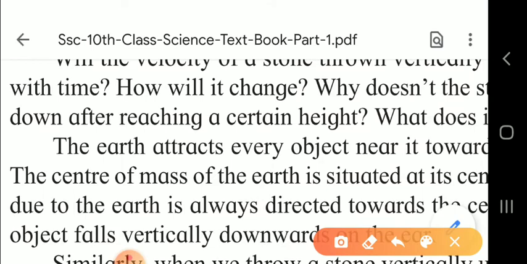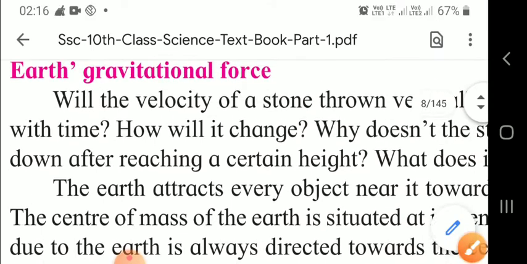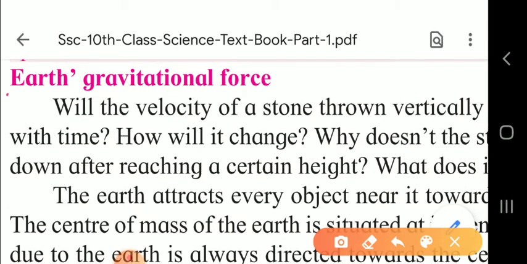Here we will study about the earth's gravitational force.